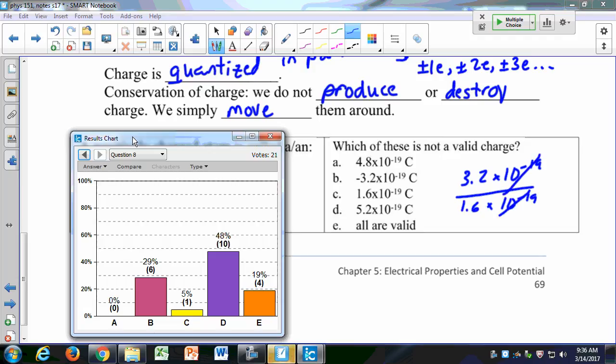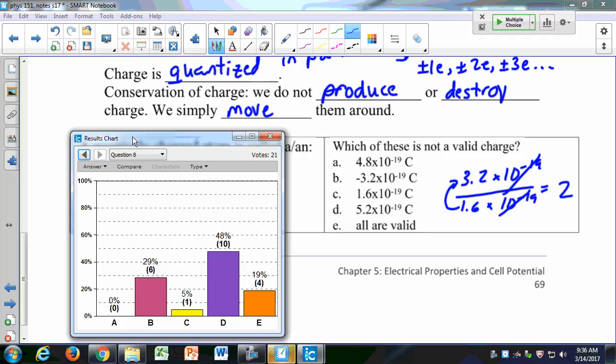These cancel out, and 1.6 will go into 3.2 twice. 2 times 16 is 32. So this represents 2, what, protons? No, 2 what? Electrons, right. So B is a valid charge. It's negative because it represents the charge of 2 electrons.